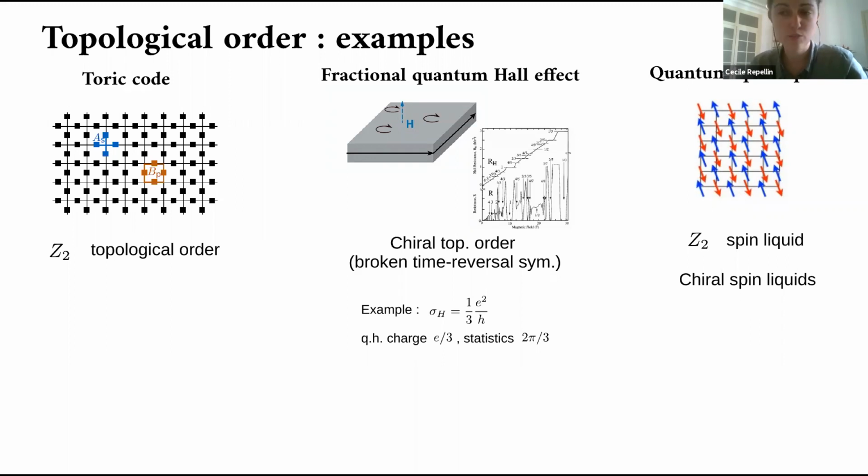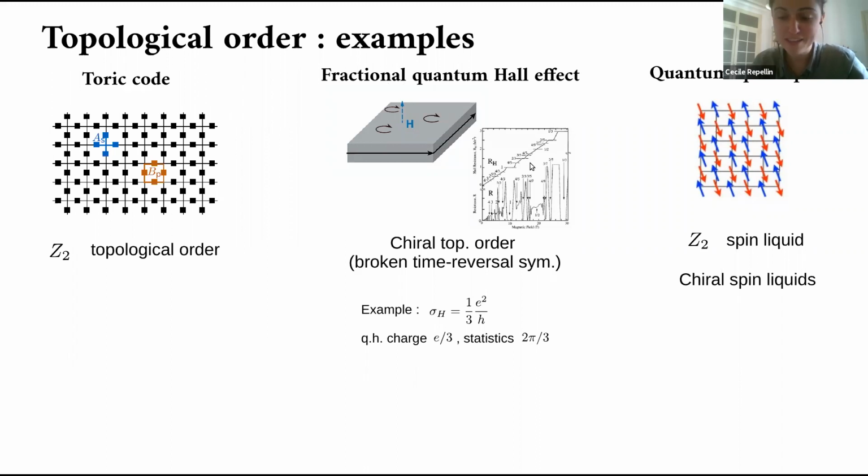And in this context, you could in principle encounter both states that have preserved time reversal symmetry, such as Z2 spin liquids, which is in the same universality class as the toric code, or you could also encounter chiral spin liquids, which are in the same universality class as the fractional quantum Hall effect.